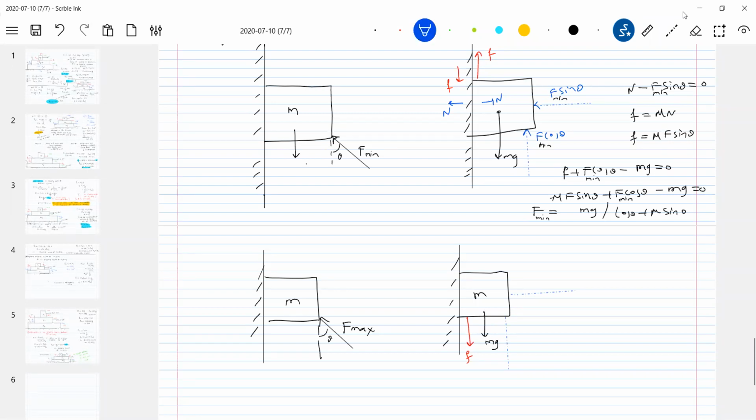And then what about the normal contact? This will be N. This will be N. What is this force? F max sine theta. And what about this? F max cos theta. What is N? N minus F max sine theta equal to 0. So then along the y-axis, F max cos theta minus mg minus f equal to 0.